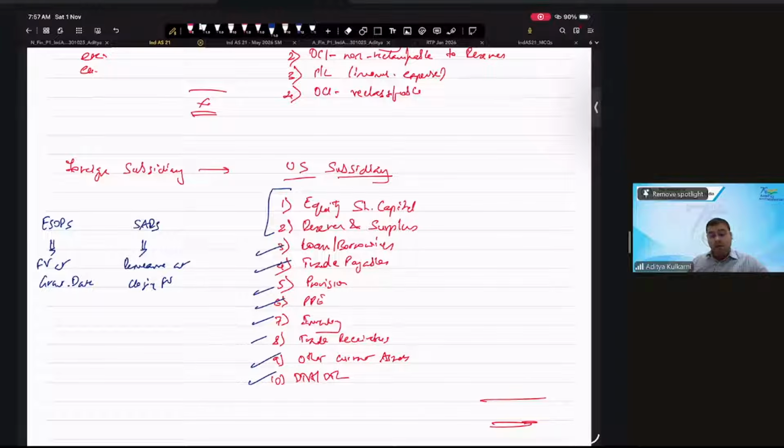Why was I not remeasuring ESOPs? Because own equity cannot be remeasured. You remember I had made this statement long time ago. I told you, I think exactly 1 month back, 30th September we had started, right?